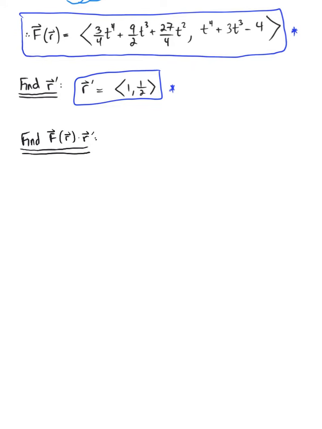So by the dot product, this is going to leave us with 1 multiplied by 3/4 t to the 4th plus 9 halves t cubed plus 27/4 t squared. And that'll be plus 1/2 multiplied by t to the 4th plus 3t cubed minus 4. Beautiful. And let's simplify.